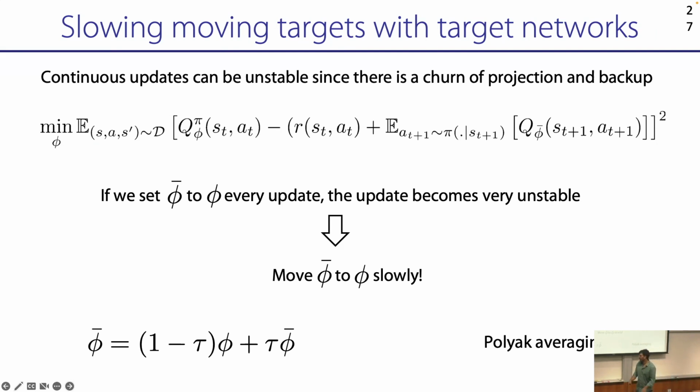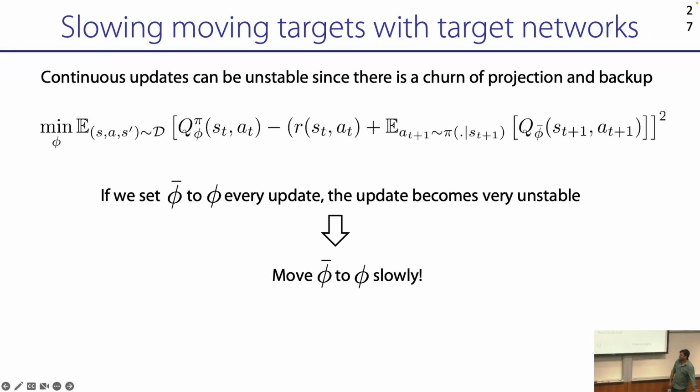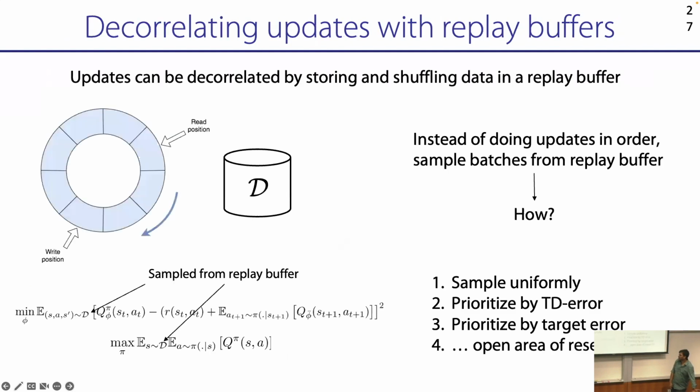Typically you choose a value of tau that's pretty close to 1, so that it doesn't move that much. It moves kind of slowly. This is what you'd call Polyak averaging. The two tricks that the original DQN paper introduced in like 2014 were just Q-learning or similar.